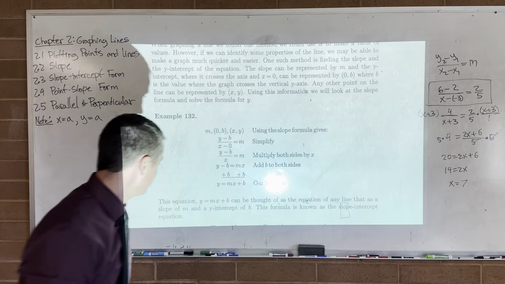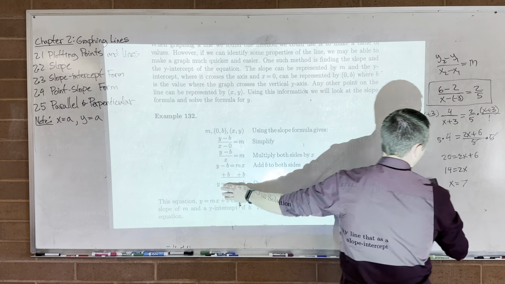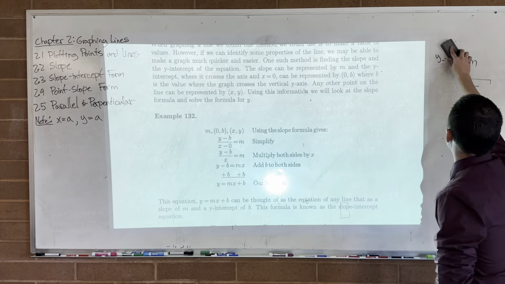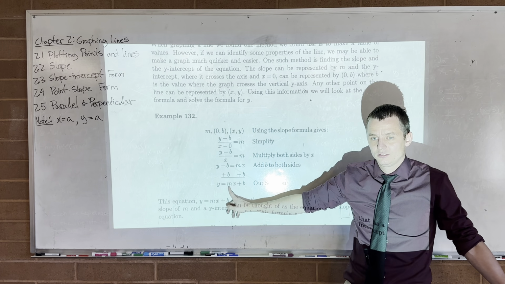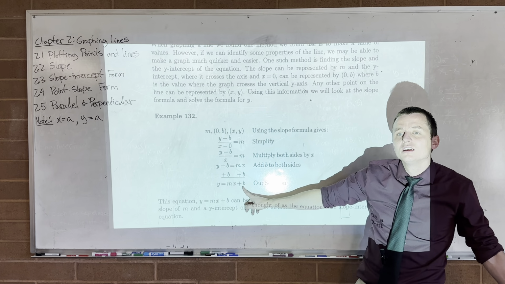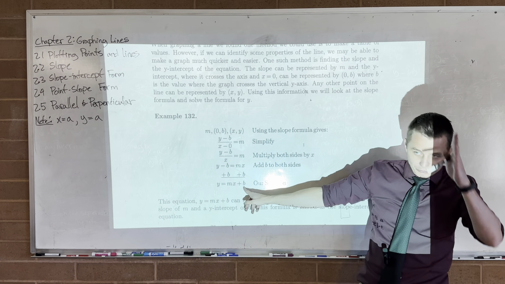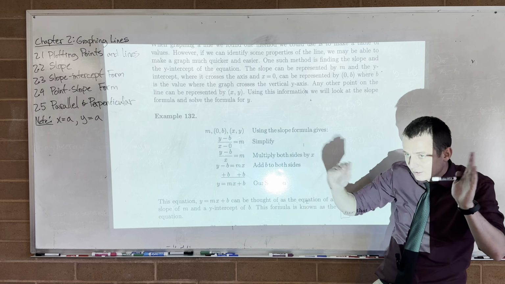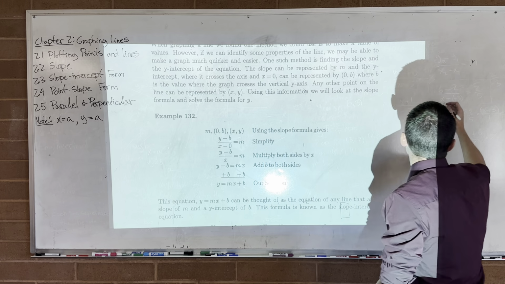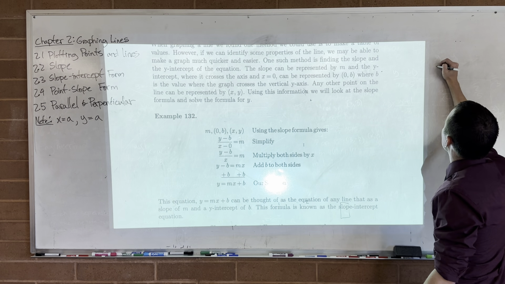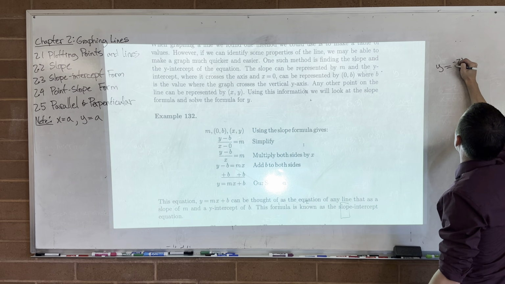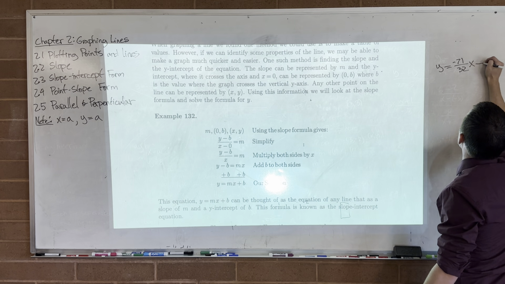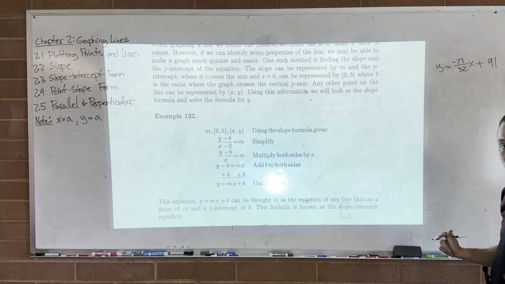Okay. Now we already talked about this equation, y equals mx plus b. What is m? What is b? Your y-intercept. It's where it crosses the y-axis. So, if I told you y is equal to negative 71 over 32x plus 91, what's the slope of that line?